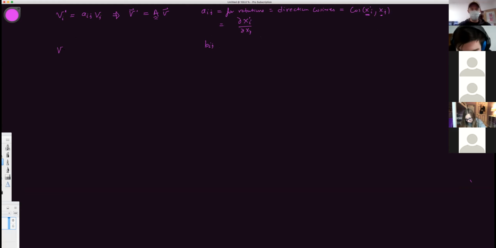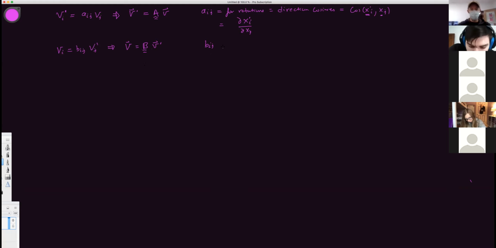That's the B. V_i is equal to Bij Vj prime, which of course translates to V is equal to the matrix B times V prime vector, right? Again, this is a 2 by 2 matrix. V is two-dimensional, etc., right?